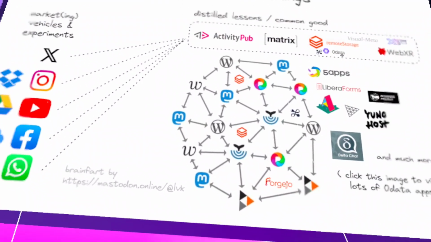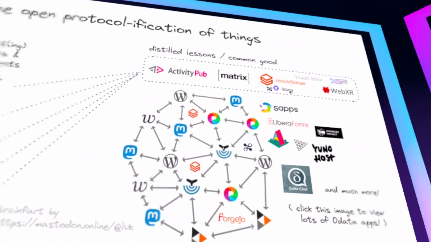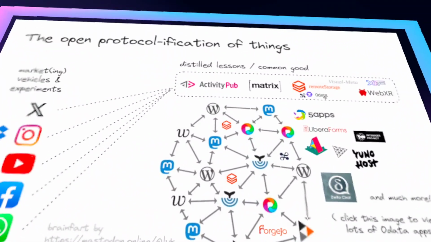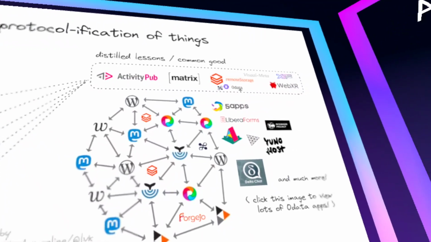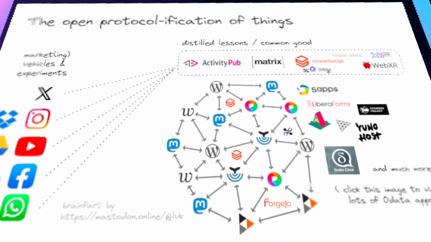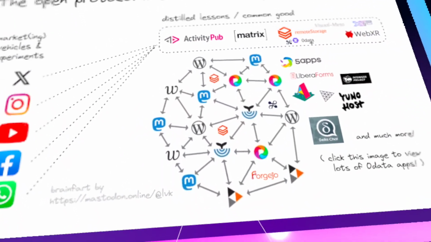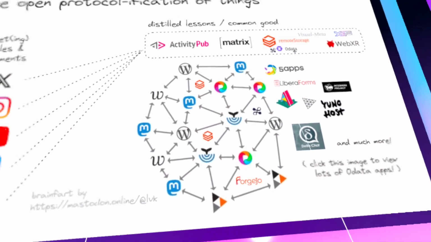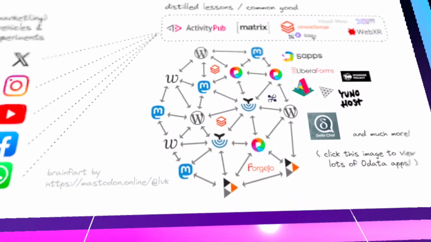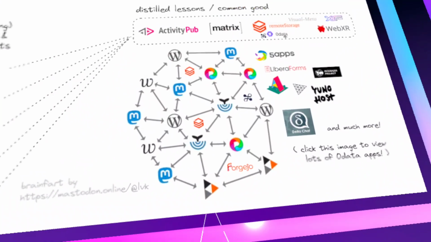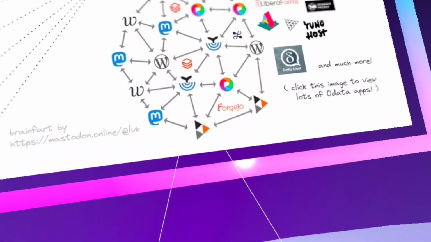If you check out the big picture, things like ActivityPub, Matrix, remote storage, there is a universe called the Fediverse, which has all kinds of similar services without the ads. You can even host it yourself.